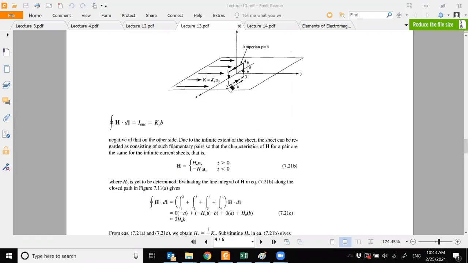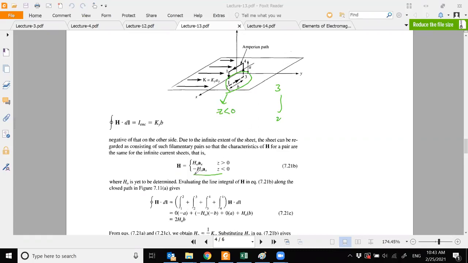Now the only things left are 2 to 3 and 4 to 1. So for 2 to 3, this is in the region Z less than 0.